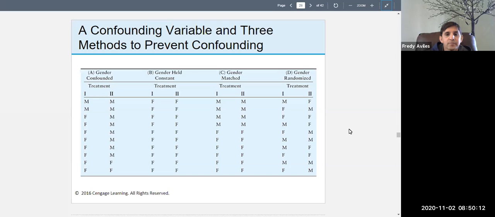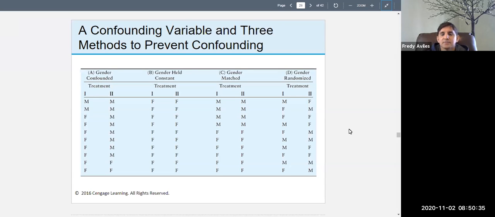Treatment 2 has 2 females and all the rest are males. There's a different number of males and females in the treatment groups. So gender, more accurately sex, is confounded here. The fact that you have more males than females in one group than the other means that could be affecting the outcome of the experiment.